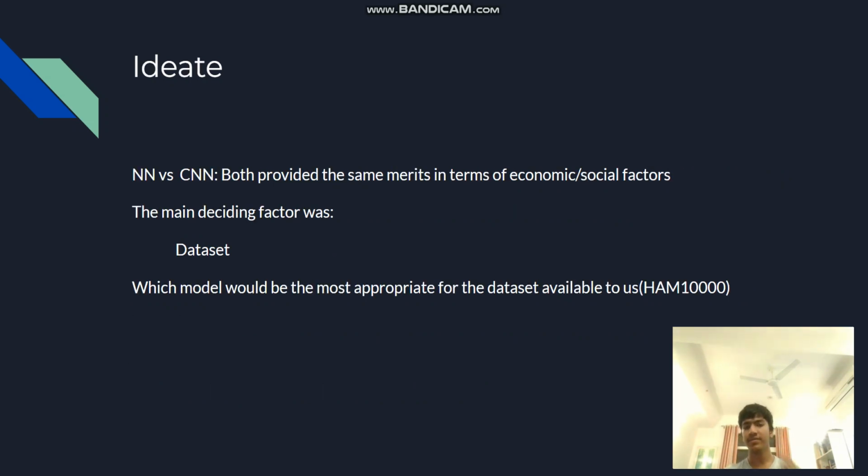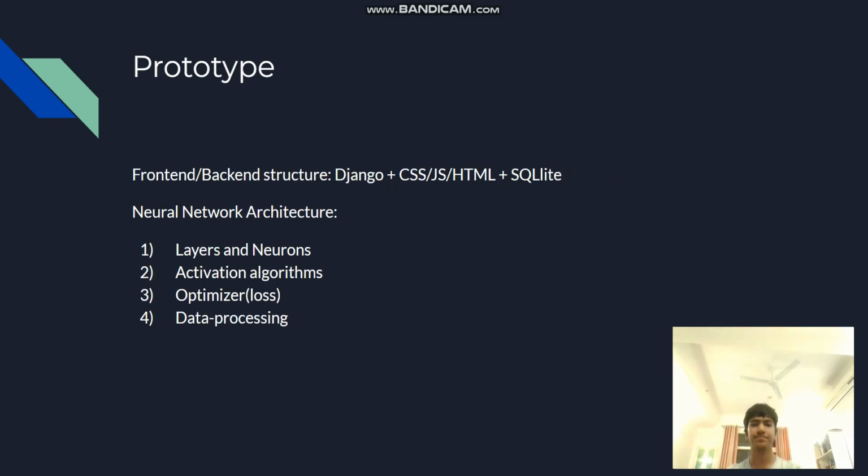So while ideating, we narrowed down our ideas to two: a neural network and a CNN, a convolution network, as they're practically the same except a few layers of convolution. The main deciding factor between them was the data set to be used, not factors such as economic, social, and financial factors. So the data set we used was quite a large data set, the HAM10000, and as a result, we went with using neural networks.